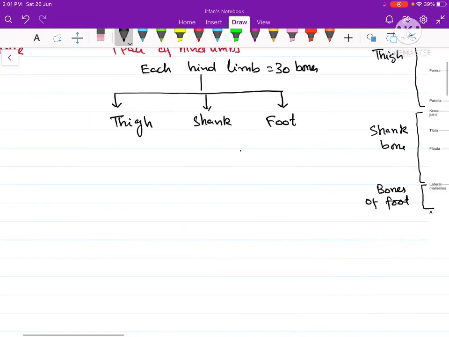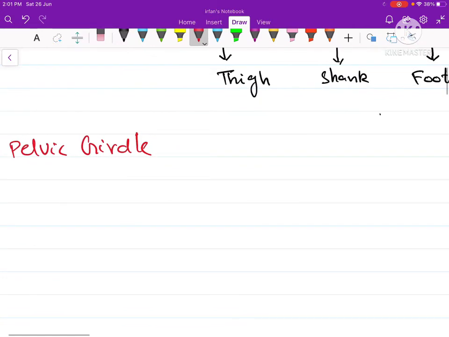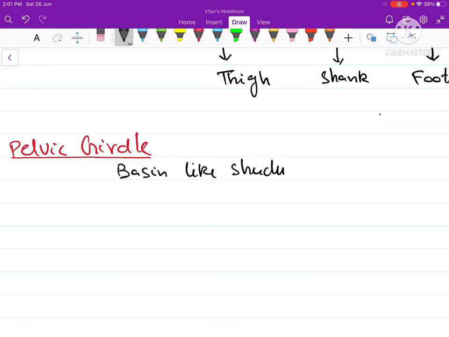First we will take the pelvic girdle. The pelvic girdle is a basin-like structure formed by the fusion of two coxal bones.